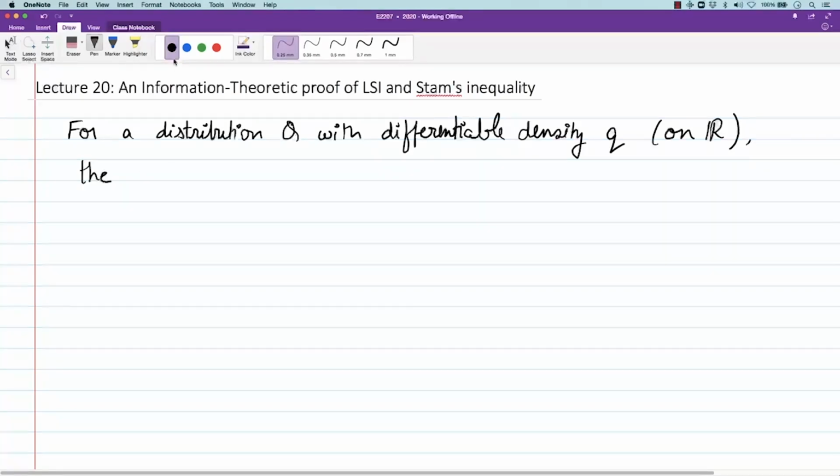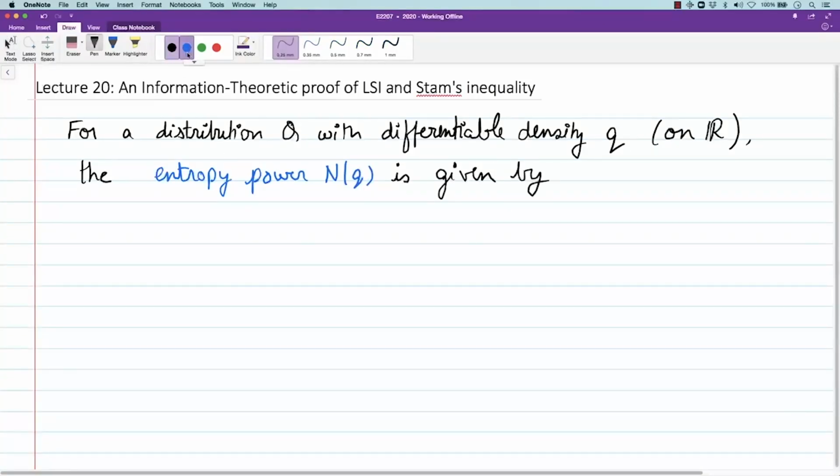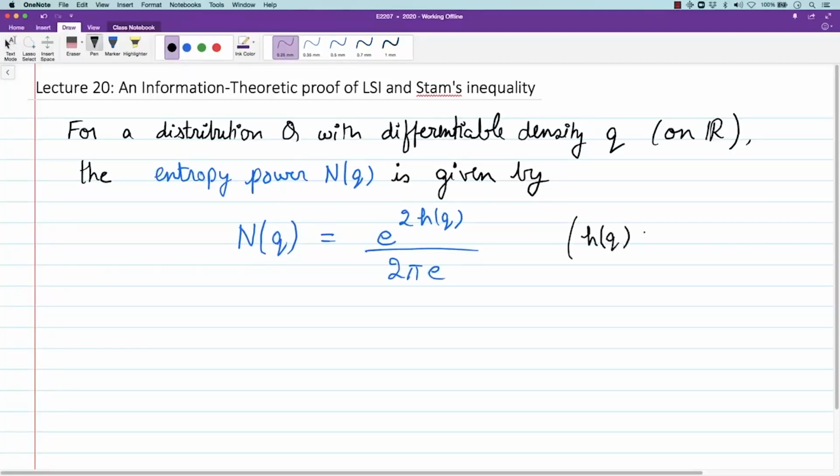The first quantity was the entropy power N of Q, which is given by N(Q) equals e to the power 2 times the differential entropy of Q, divided by 2 pi e. Here H(Q), if you remember, was just the integral from minus infinity to infinity of q(x) ln 1 by q(x) dx. Okay, that's H(Q).